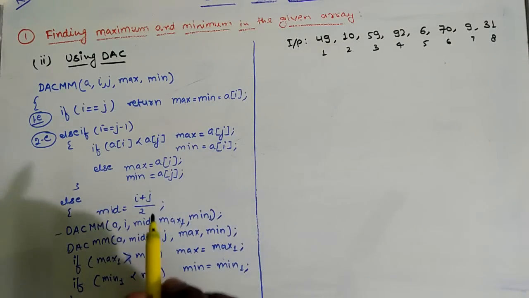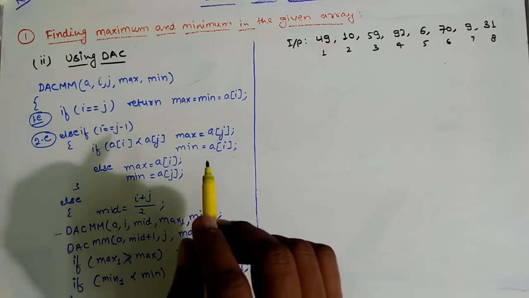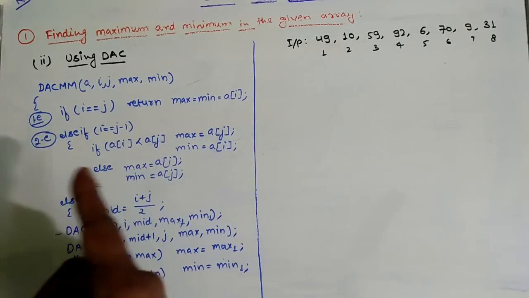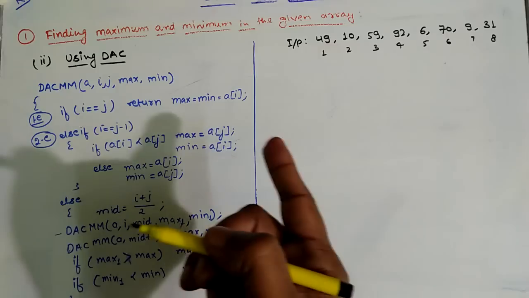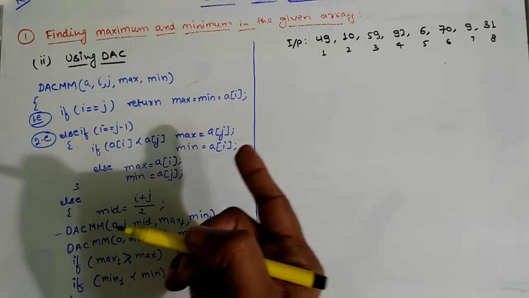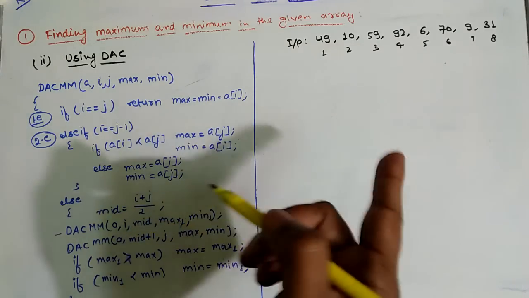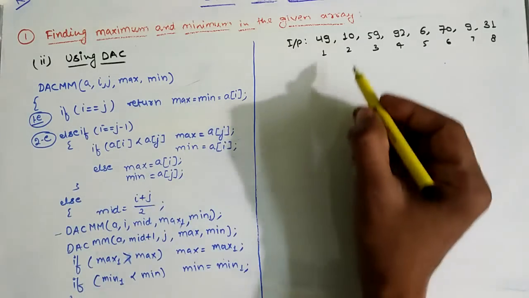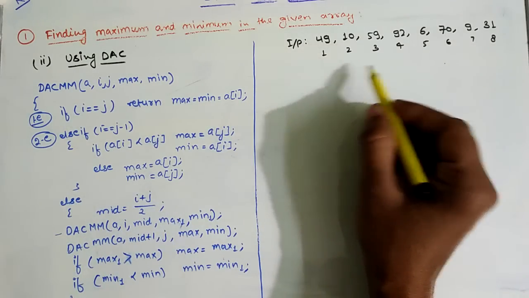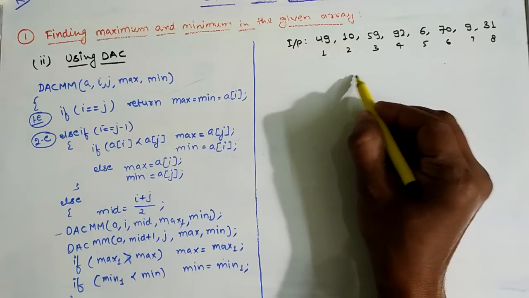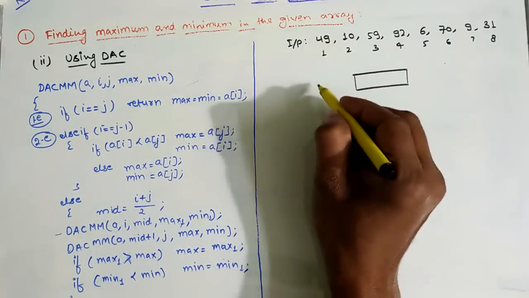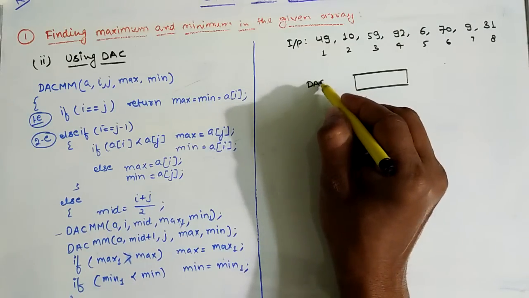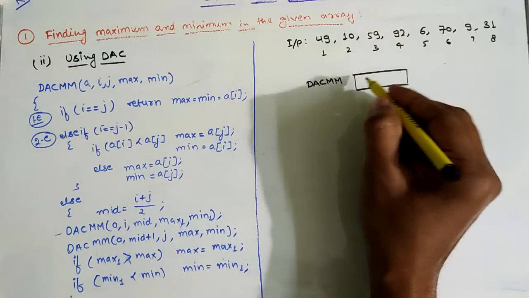So I just call the same function on this array. Here i and j are nothing but the bounds of the array. i represents the first element and j represents the last position of the array. For this array, I make the recursive call. For the first time, I draw a block which is nothing but a call to divide and conquer, in which the array is there.